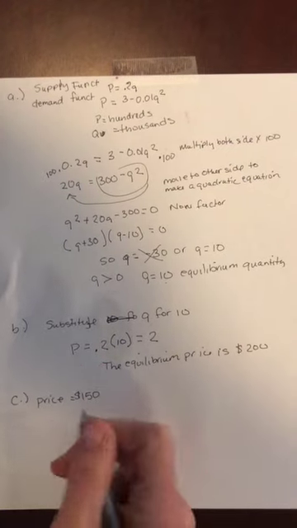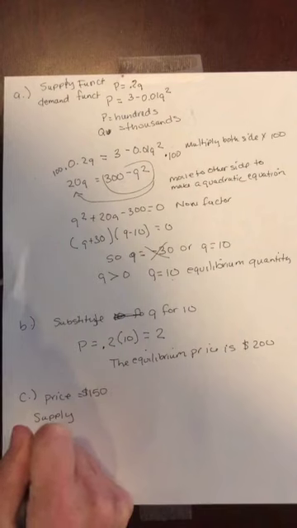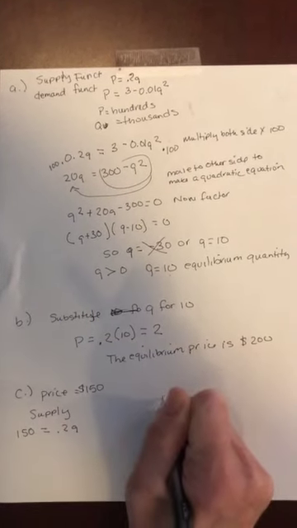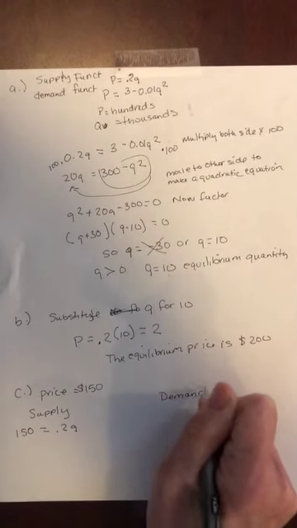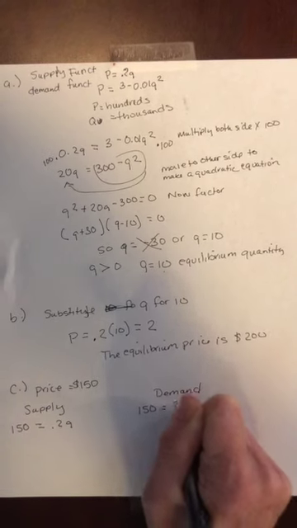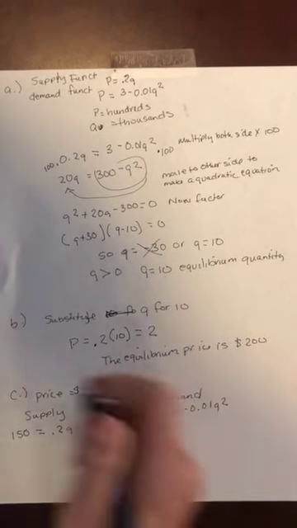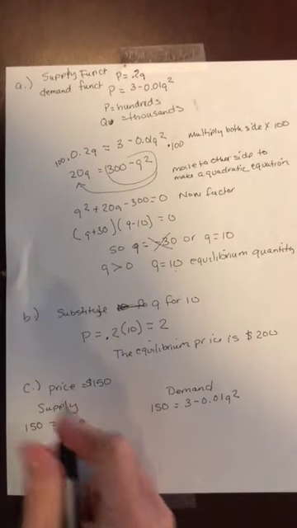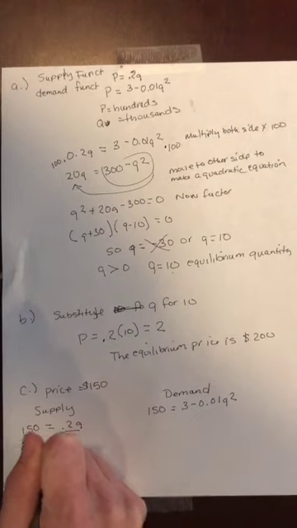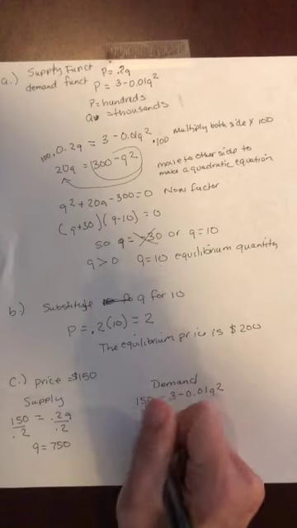The supply is 150 equals 0.2 Q, and the demand is 150 equals 3 minus 0.01 Q squared. We divide both sides here by 0.2, so Q will equal 750.